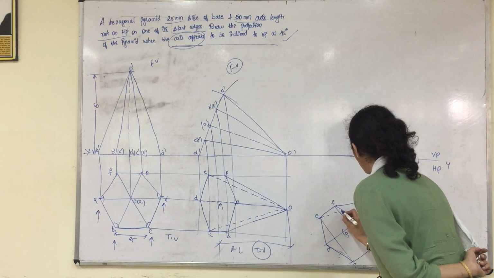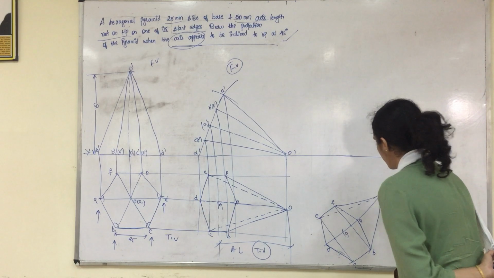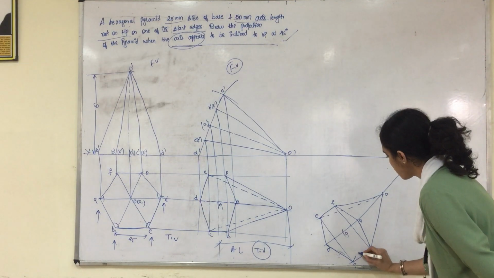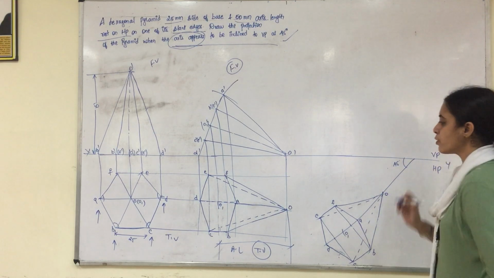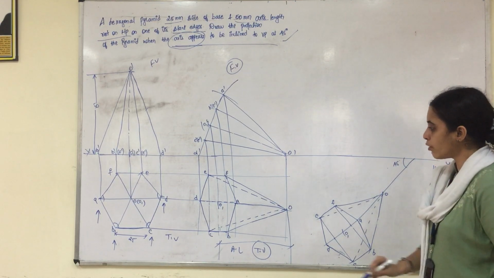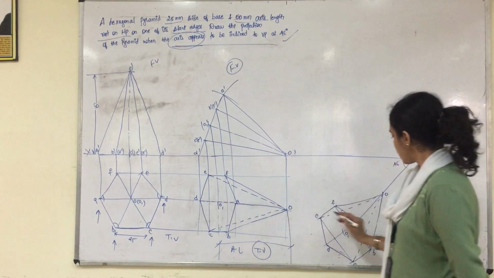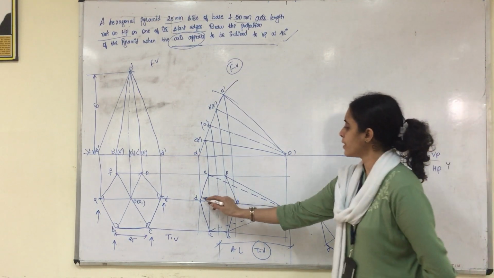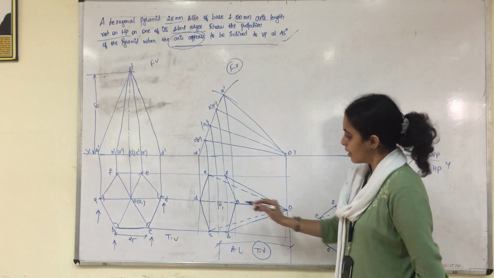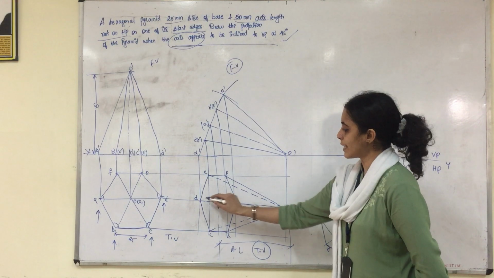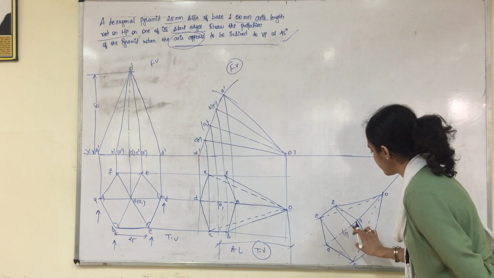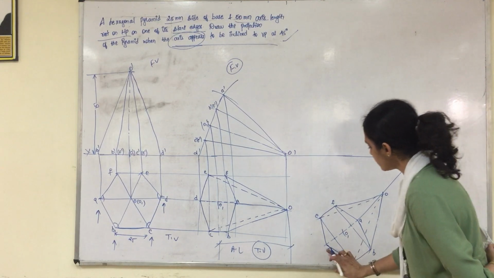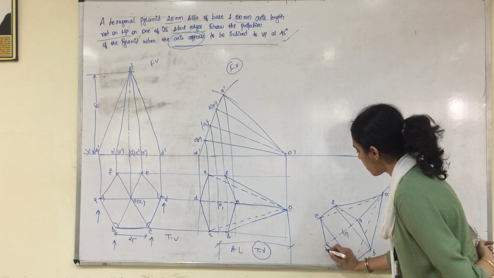So E to O will be hidden and C to O also will be hidden. So along with that, A to O is visible, we have done it. But D to O is hidden. So this part should be shown as hidden. So we will change this line to hidden line. So this is D, write it properly.